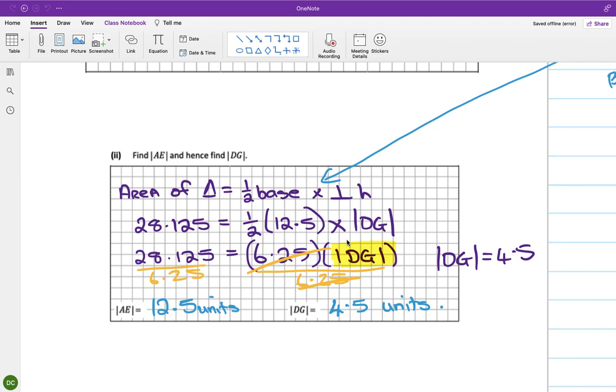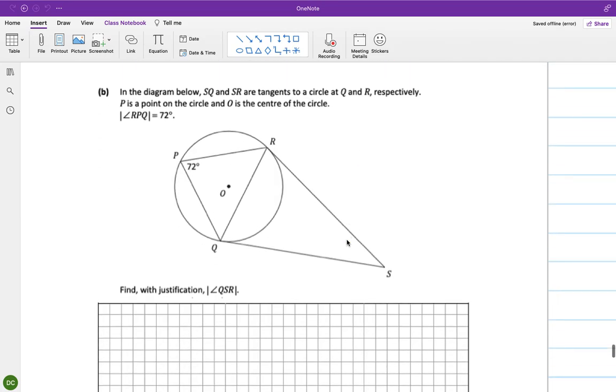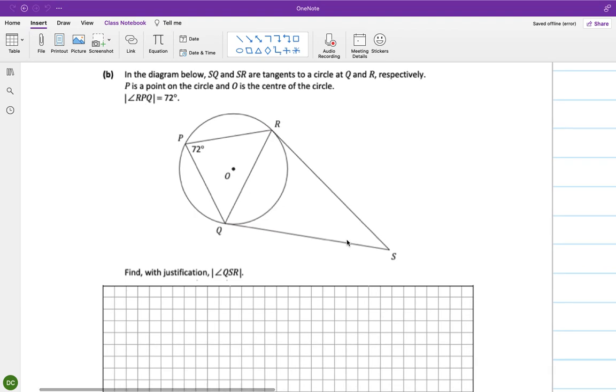All right, and then the last question, which was this one. In the diagram, SQ and SR are tangent to a circle at Q and R respectively. P is a point on the circle, and O is the center of the circle.